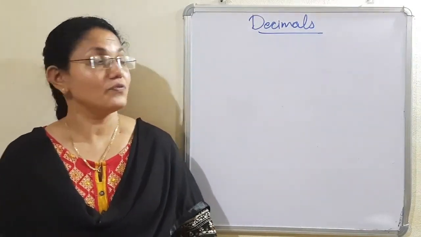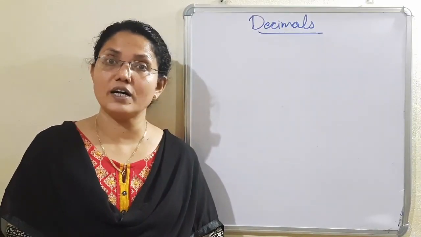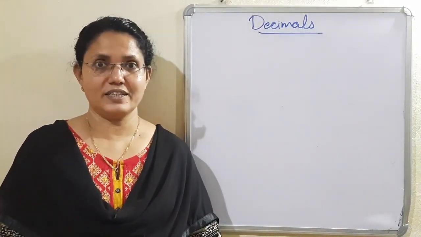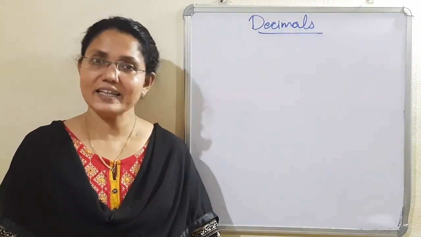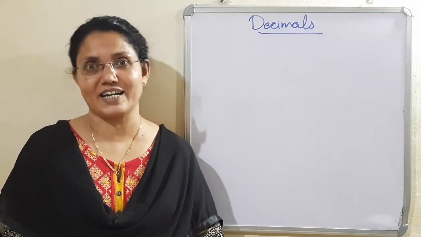Now, like whole numbers, you know that each of the digits has some value, that is the place value chart. In the same way, for decimal numbers also a place value chart is there.